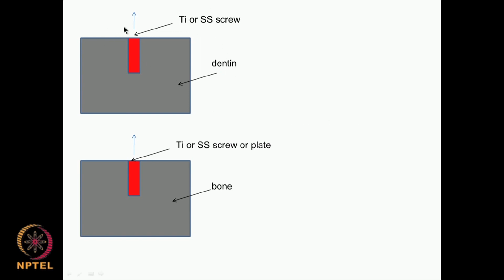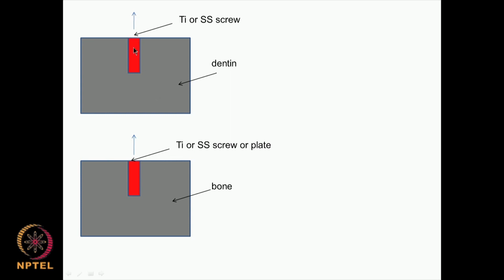For example, titanium or stainless steel screws are used in oral surgery, especially for putting in artificial teeth or artificial caps, and so on. Or titanium or stainless steel screws or plates are also put in bone, especially in orthopedic situations.